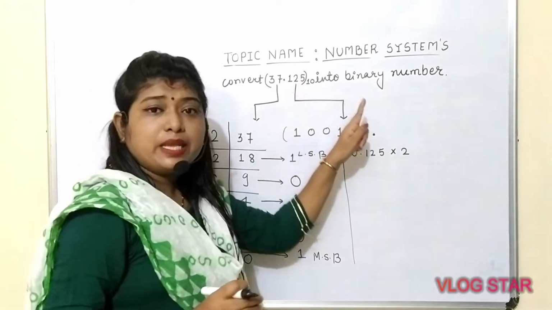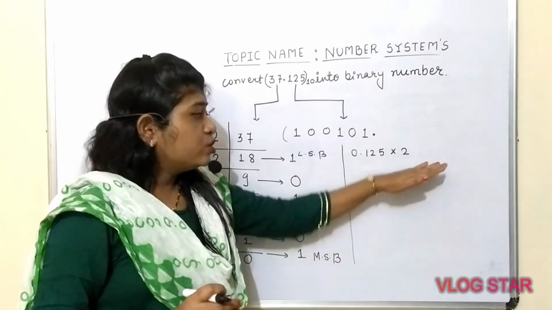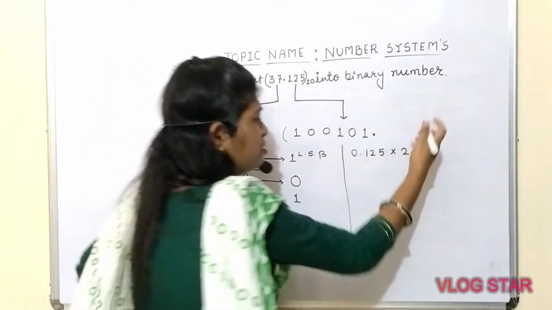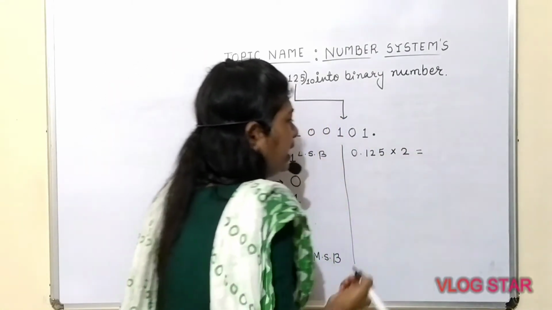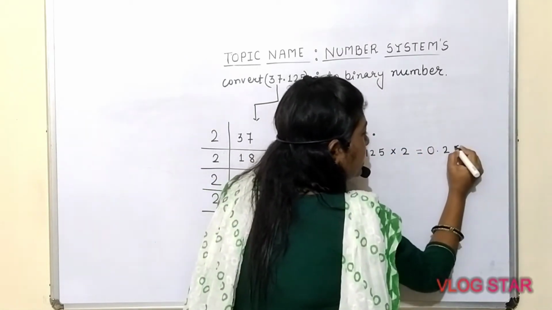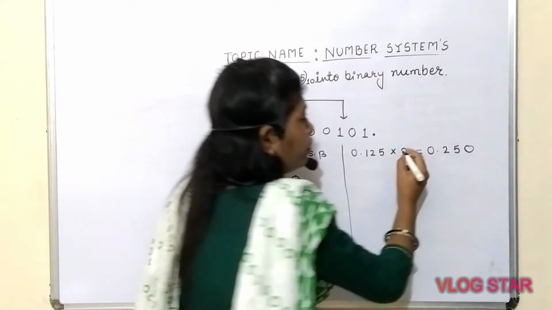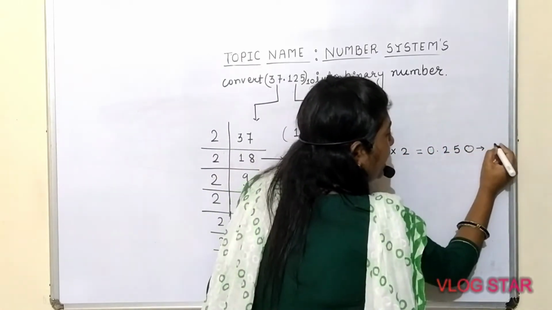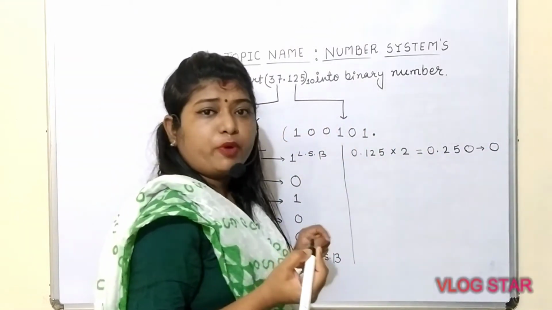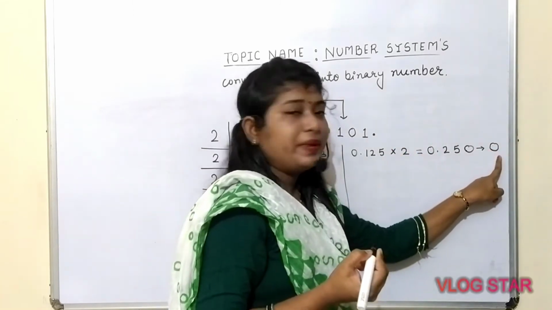But after decimal point you have to multiply with that particular number. So the base is 2, so you have to multiply with 2. So what would be the next value you will get? After multiplication you will be getting 0.250. So from this you have to take the first, before the decimal point, whatever value you will get, you have to write that number as it is.